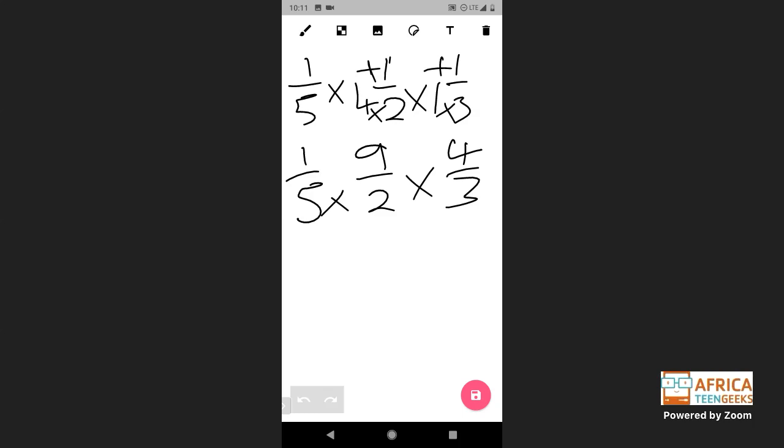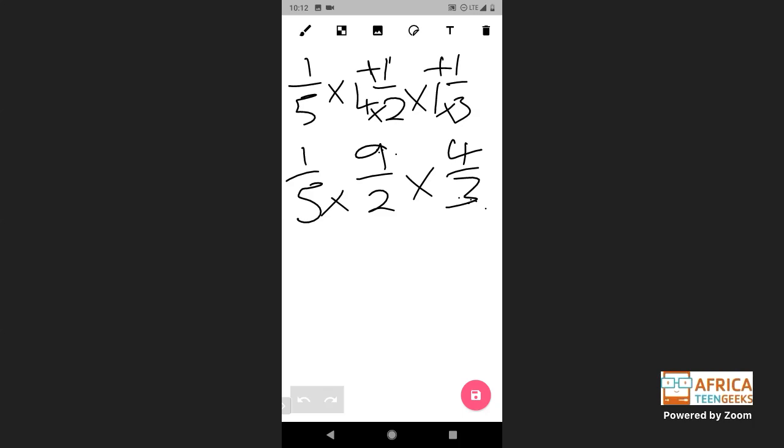But in this case, we have 3 fractions, we do not have 2 fractions. So let's simplify before we calculate and get our final answer. We can see that 3 and 9, you remember yesterday we were simplifying opposite numbers. So in this case, 9 is opposite to 3.